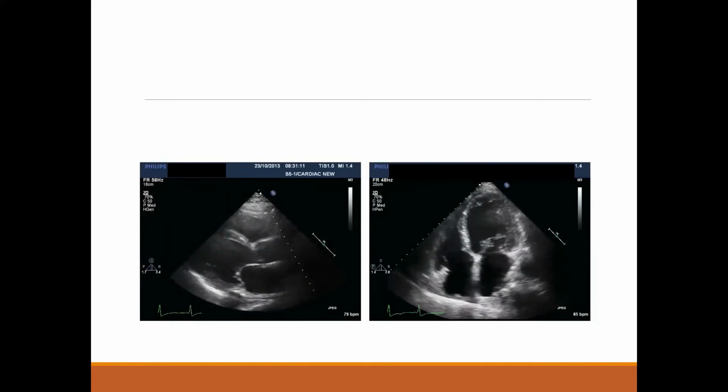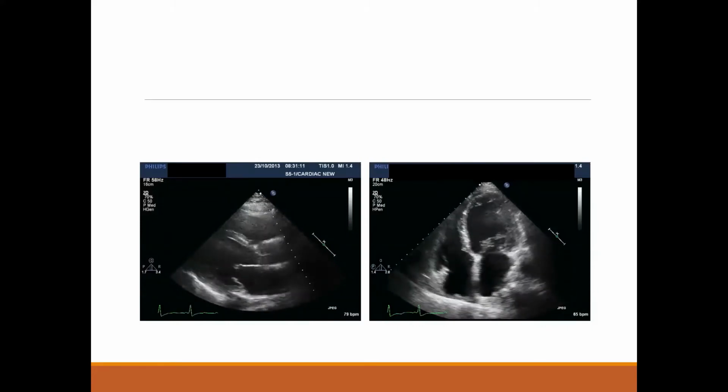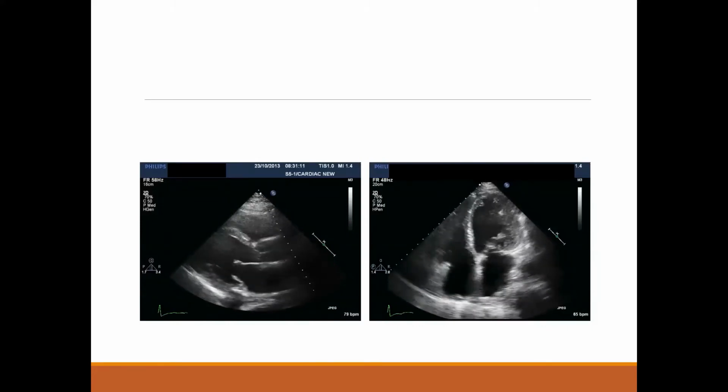I will give less than 40%. Approximately 35, 30. That's a reasonable estimation. So this is severely impaired LV function, exactly.